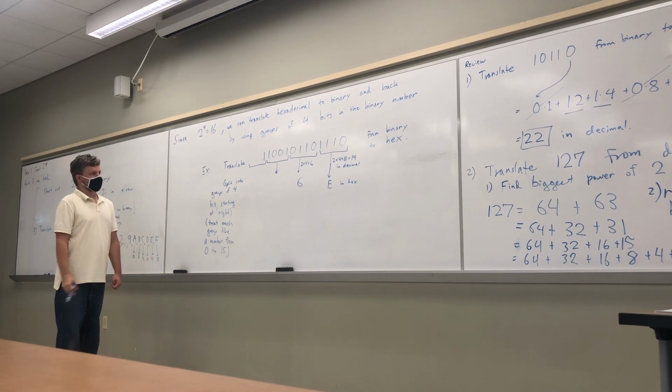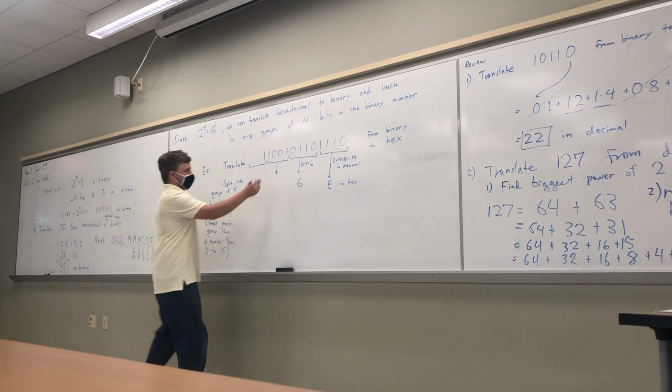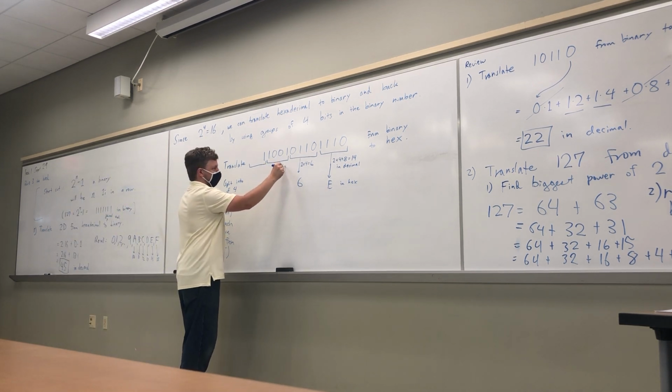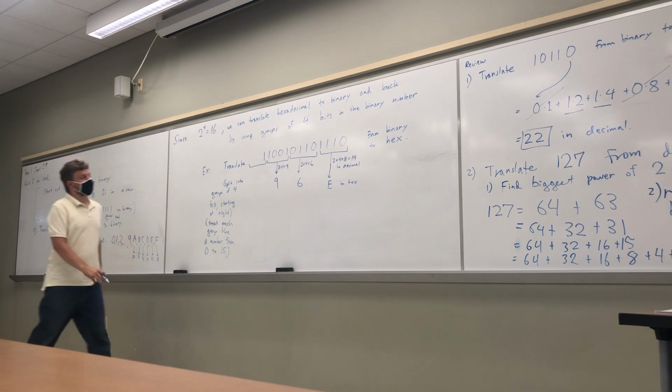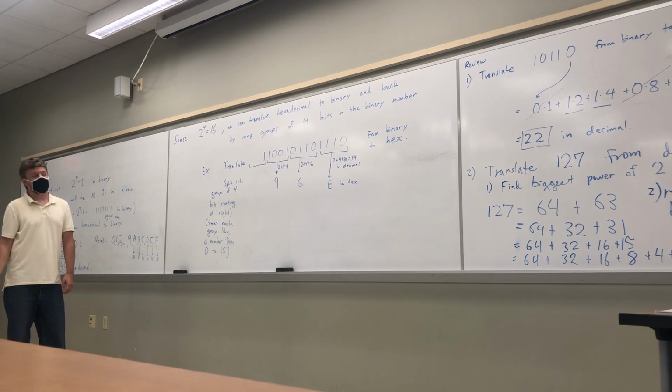Then 1001, that's 8 plus 1, so 9. So I keep it. And then at the end, I don't have 4 of them, but I still treat it like a binary number and read it from the right.